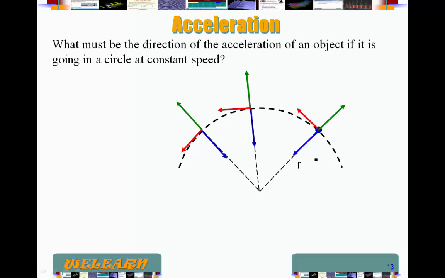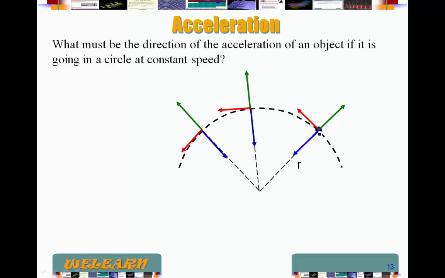So the only other options are for it to be radial, and either radially outward like the green arrow, or radially inward like the blue arrow. And the question is, which one of these?